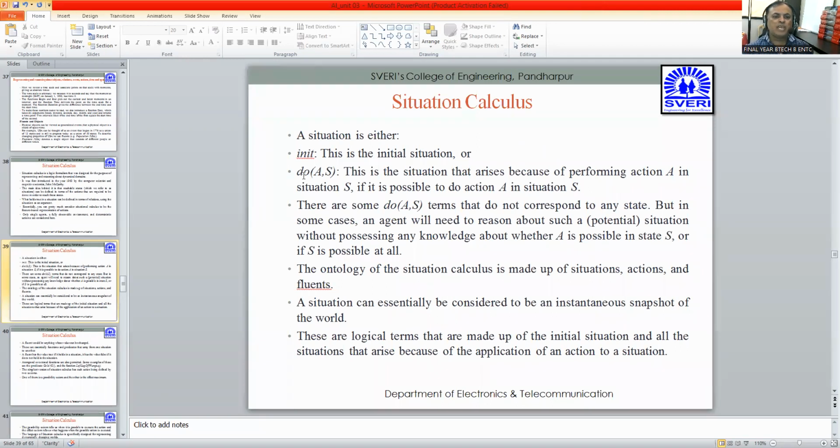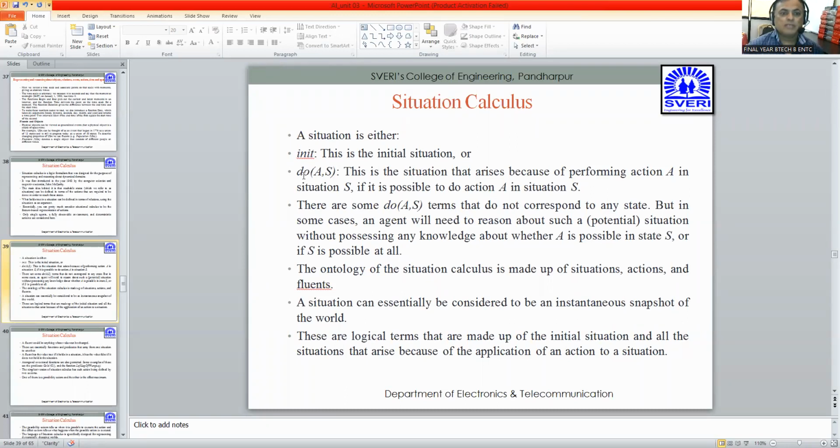There are some do(A, S) terms that do not correspond to any state, but in some cases an agent will need to reason about such potential situations without possessing any knowledge about whether A is possible in state S, or whether S is possible at all.